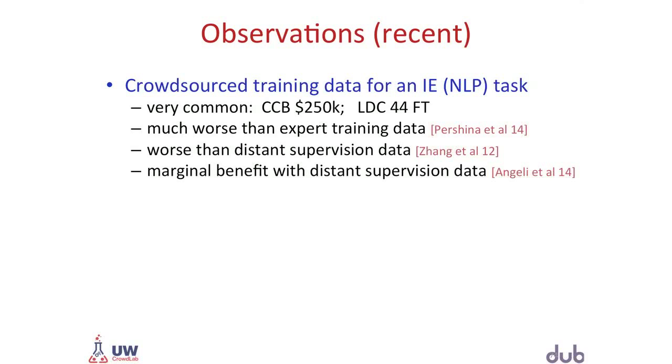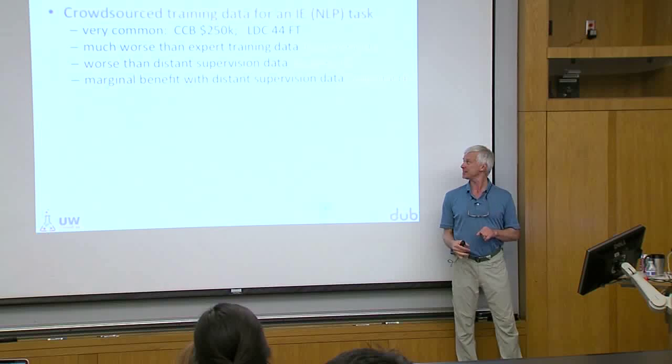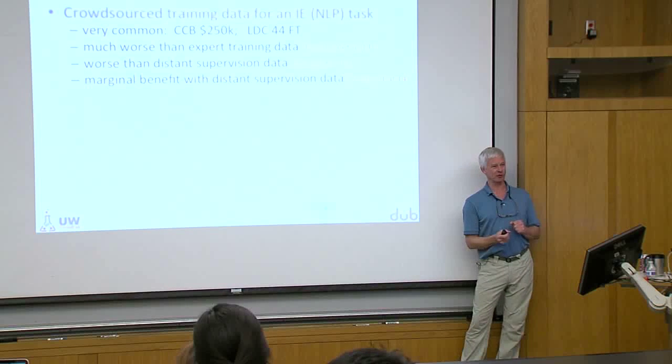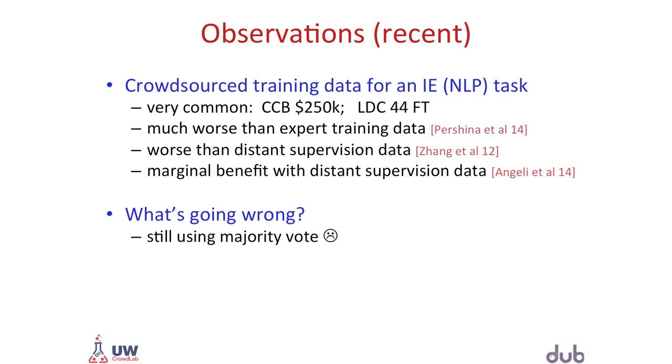Chris Manning and Gabor Angeli basically showed there was marginal benefit. In fact, adding in crowdsourced data lowered the performance of their relation extractors unless they use a super fancy adaptive active learning algorithm they call sample.js, and then they get a 4% improvement in F1.